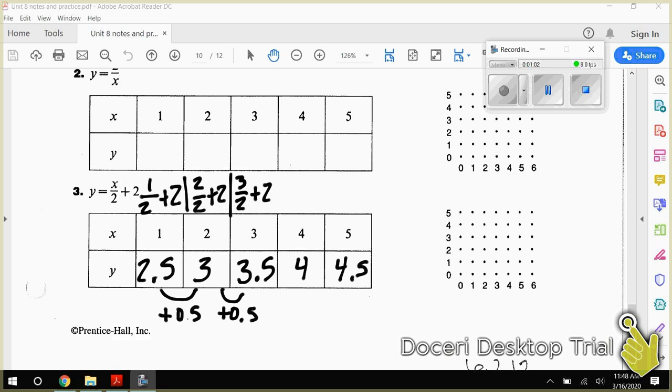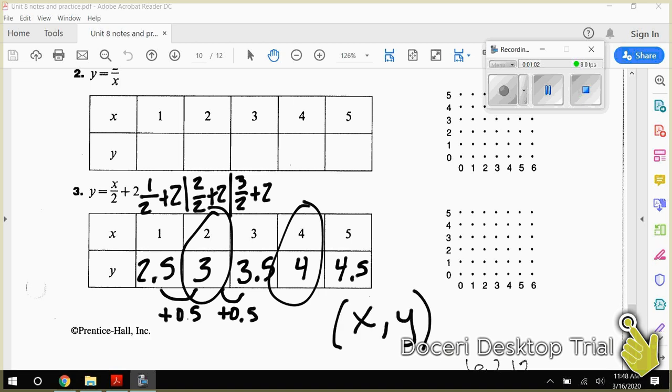Okay, so at this point, we need to kind of go over to the graph. I'm going to focus on my whole numbers, so like (2, 3) and (4, 4). Again, x is always first, y is always second, so (2, 3) would be over to the 2, and then up to the 3.